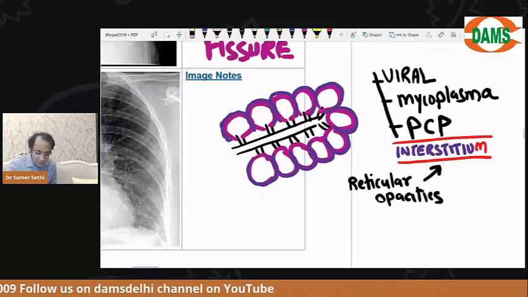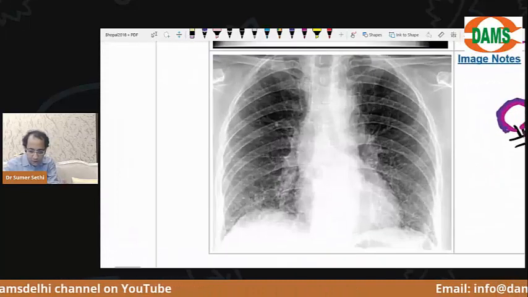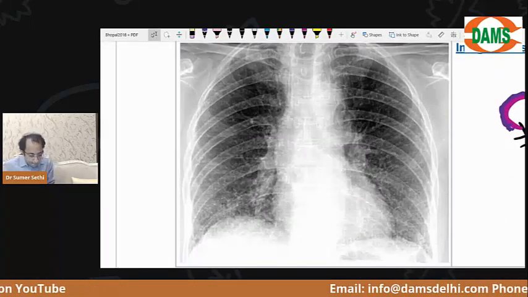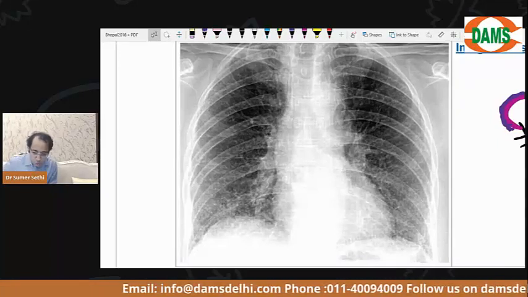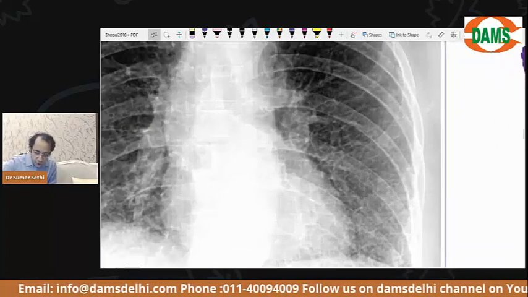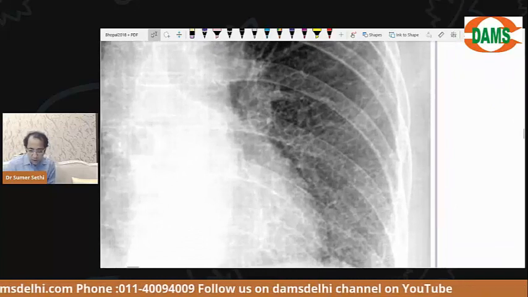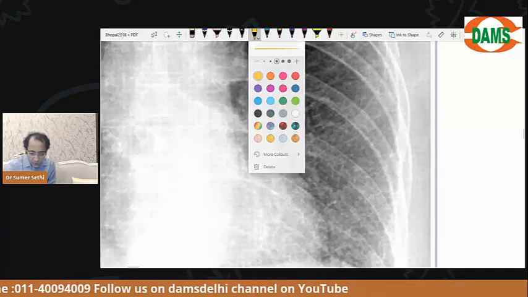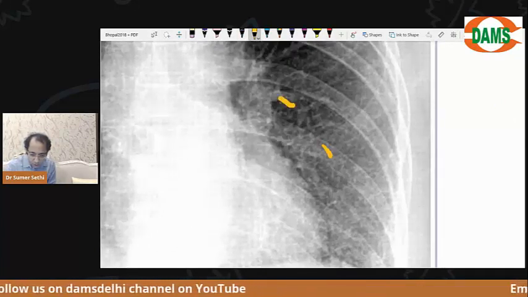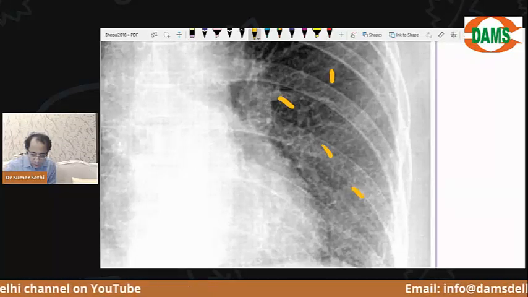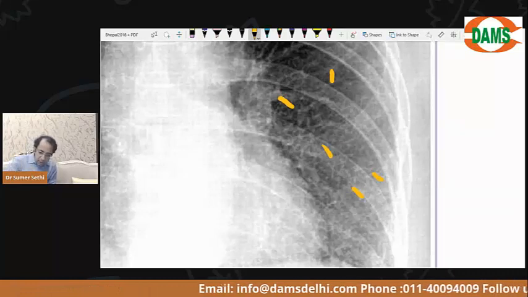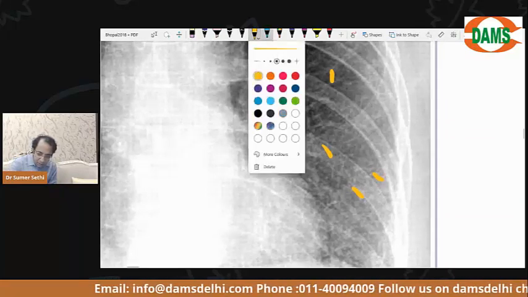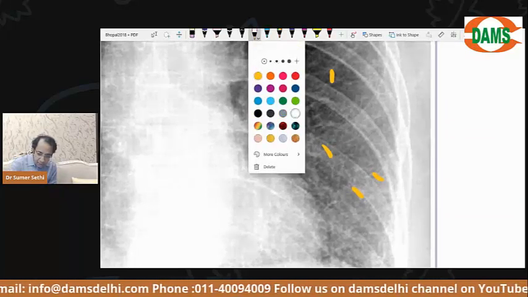Okay, now let's see an answer. Let's see the X-ray here. I will show you the X-ray by zooming the film, but I want you to see it carefully and look at the areas that I'm marking for you. Do you think there is a fine net-like appearance in this area?